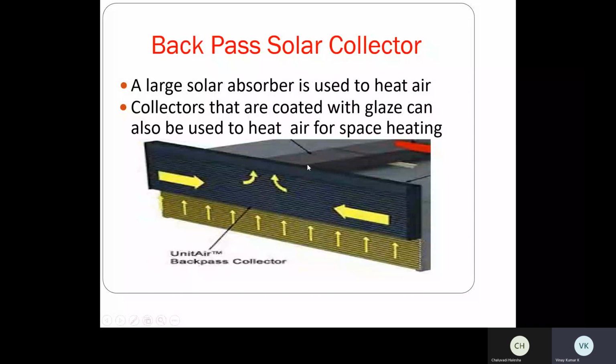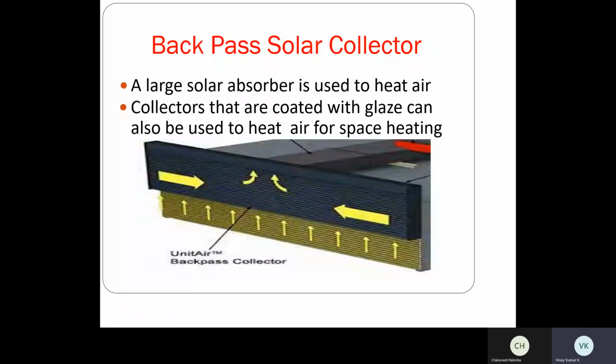In this application, we use a solar absorber to heat that same air, and collectors that are coated with a glaze are used to heat the air for space heating.